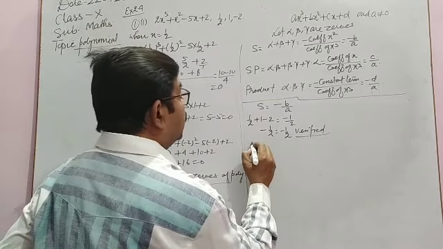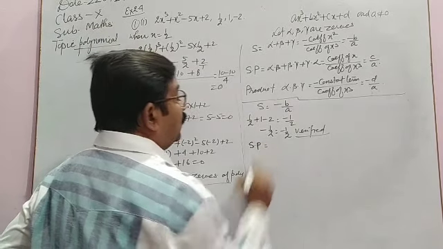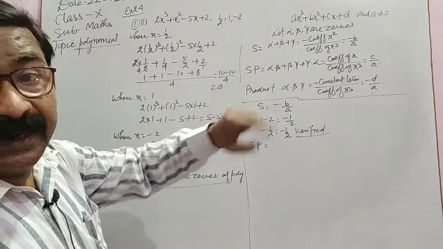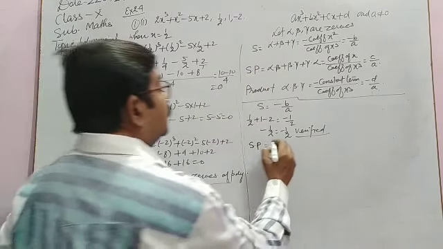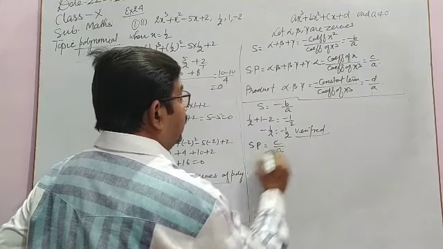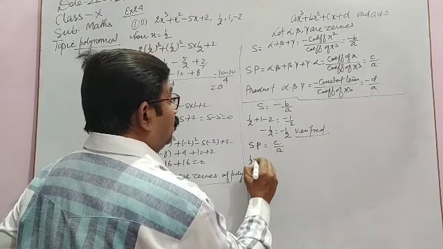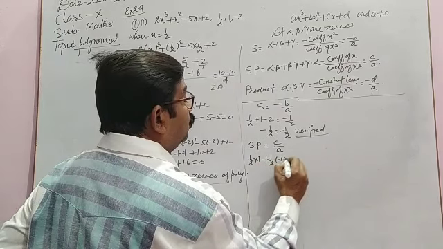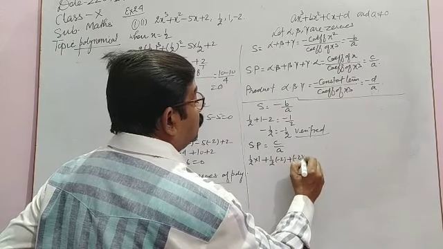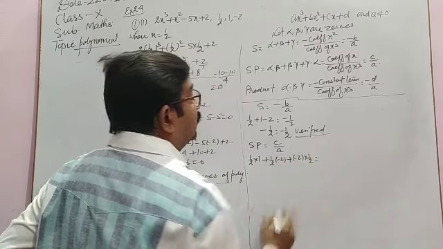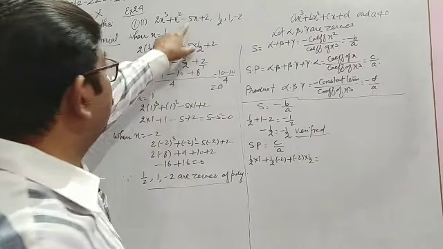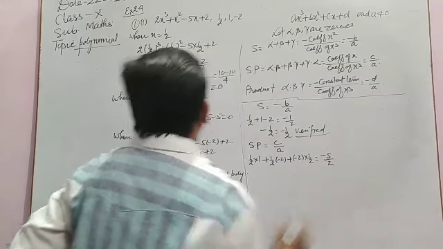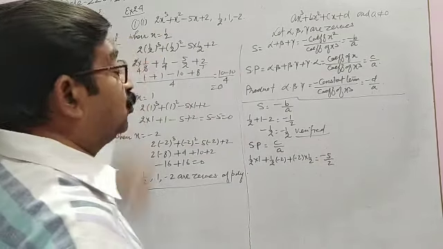Now the sum of products. Sum of products means we will multiply two zeros together and take their sum. This is c upon a. Let's see: 1 upon 2 into 1 plus 1 into minus 2 plus minus 2 into 1 upon 2 is equal to c, the coefficient of x, minus 5, upon the coefficient of x cube, 2.